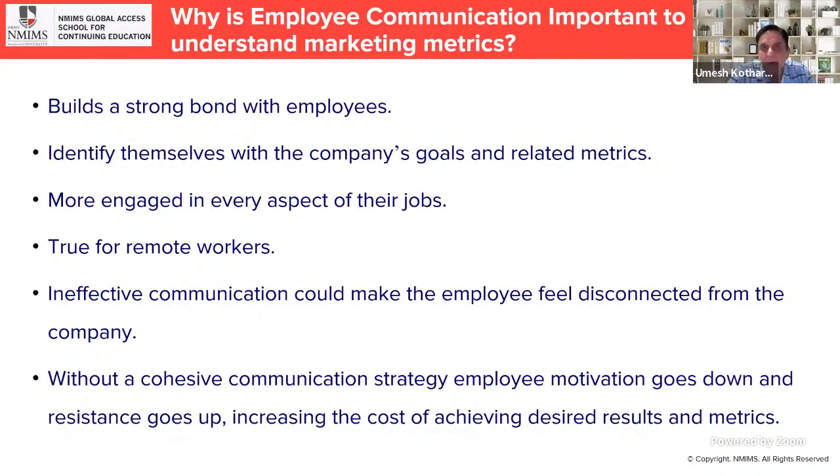Hence, it's very important that employees who are going to provide these metrics are aware of it, as much as the management who knows that I can get this information from this person. So when in doubt, over communicate, but never under communicate.